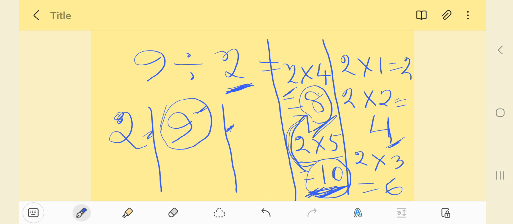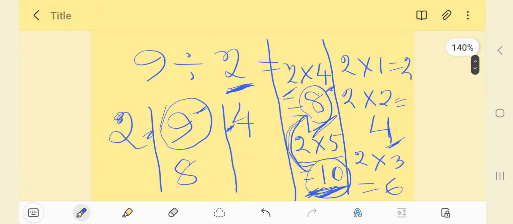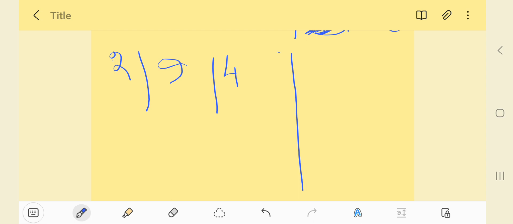We multiplied 2 with 4. 2 times 4 equals 8. So I will make it a little bit clearer. As I said, 2 times 4, we got 8 here.